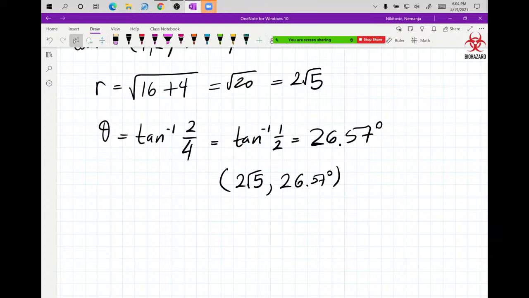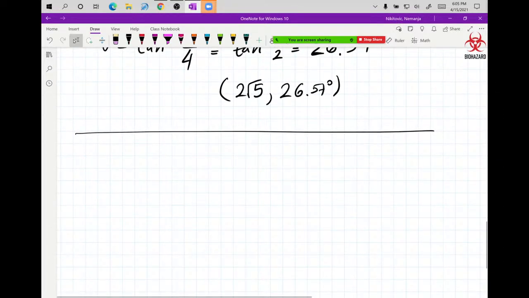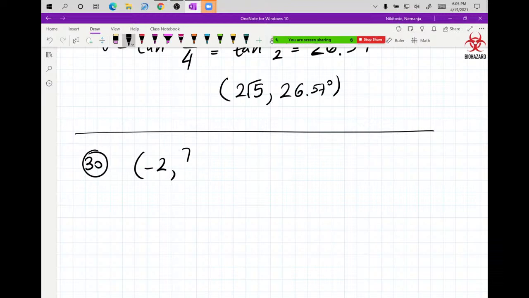So let's take a look at problem number 30, where you have -2, 7 pi over 6. Now, this problem is asking you to select representations that do not change the location of the given point. And they give you a couple of options. But you know what? I want to convert this.